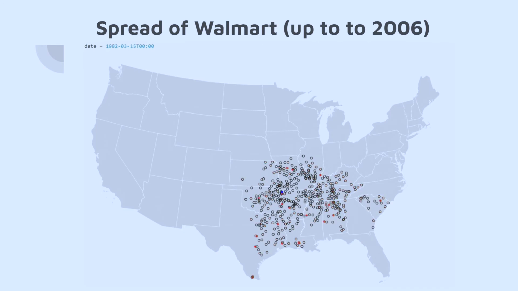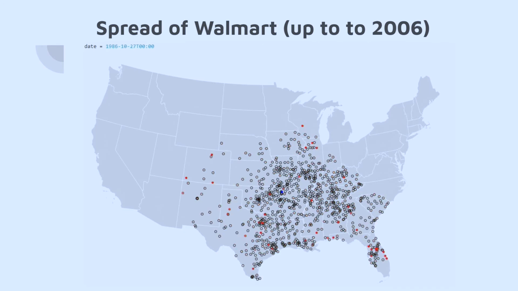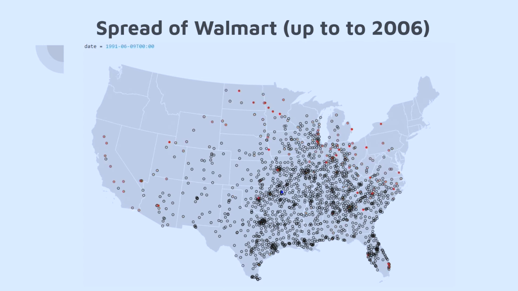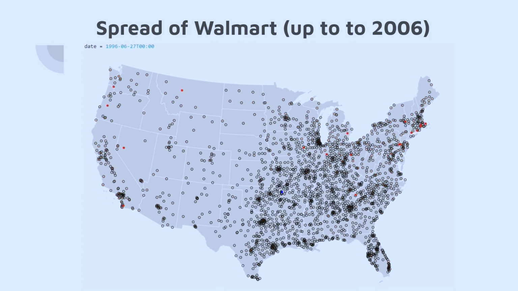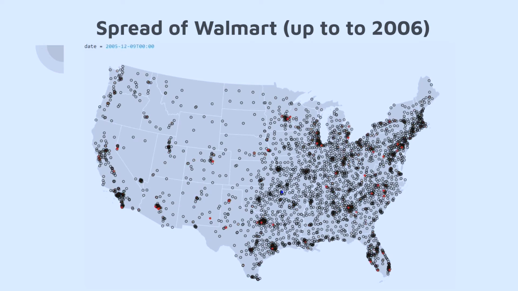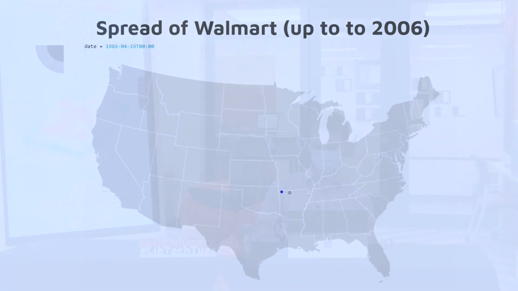All right, now let's talk a little bit about maps. Here's a map illustrating the spread of Walmart over time. So you can see back in 1967, 68, it started near Fayetteville, Arkansas, and how it just spread across the country.